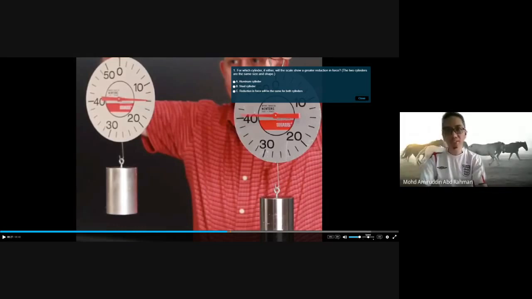So what's your answer? Who chose A, the aluminium cylinder? Nobody chose A. How about B, the steel cylinder? Nobody chose B. And how about C, the reduction of the force will be the same for both cylinders?